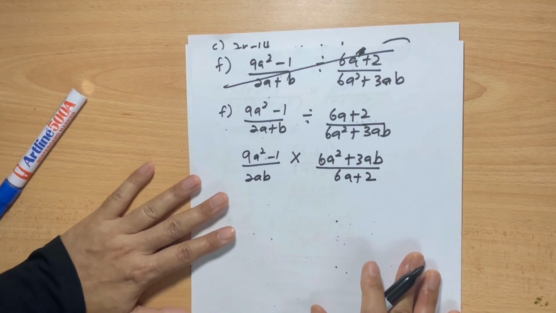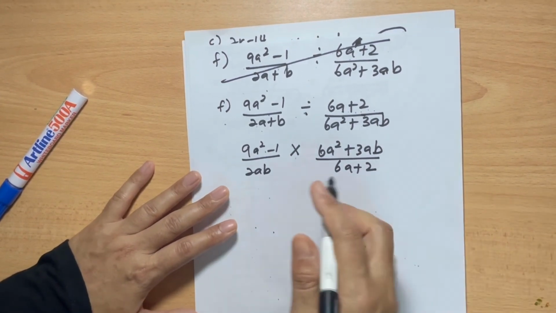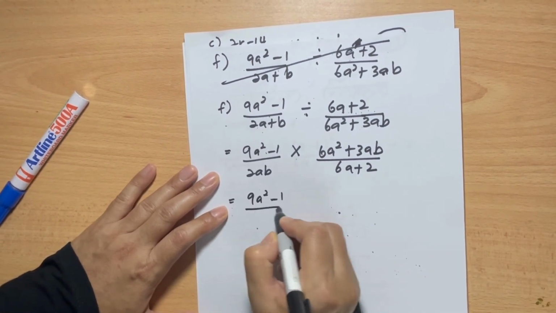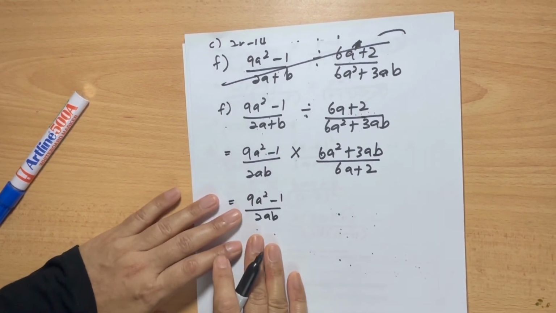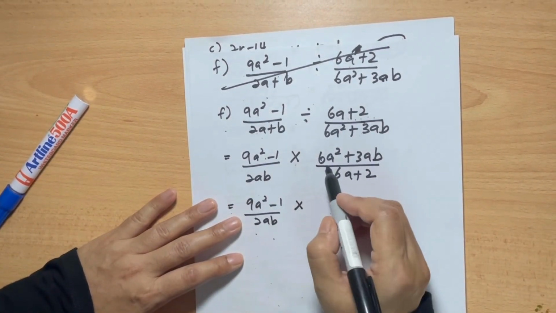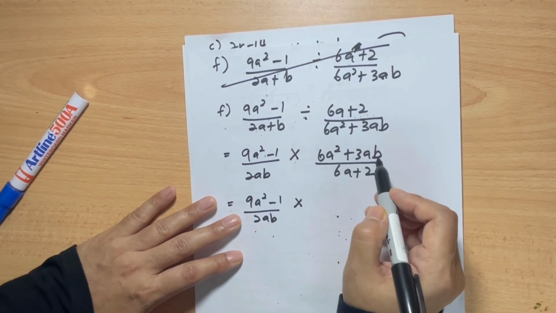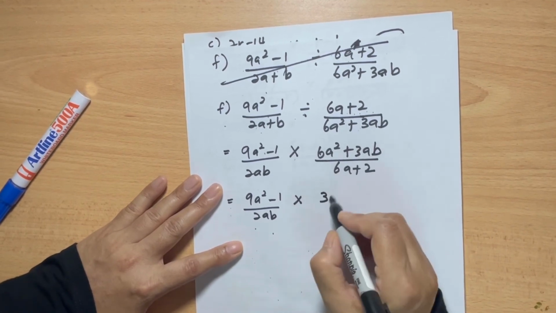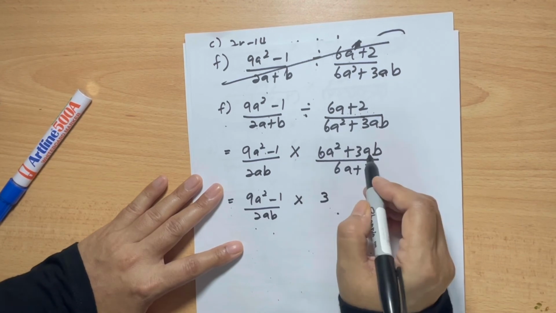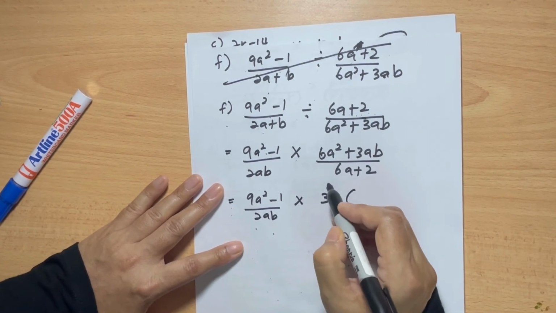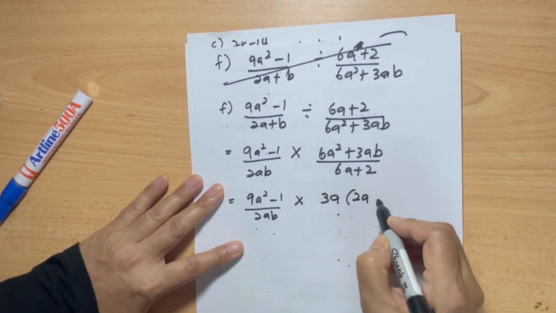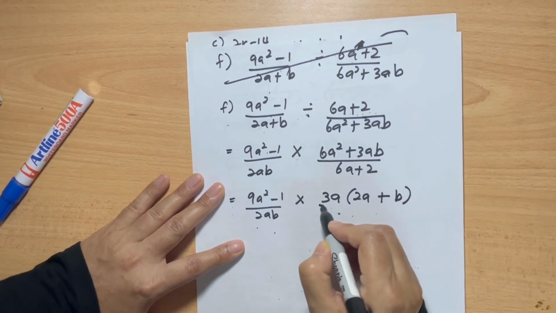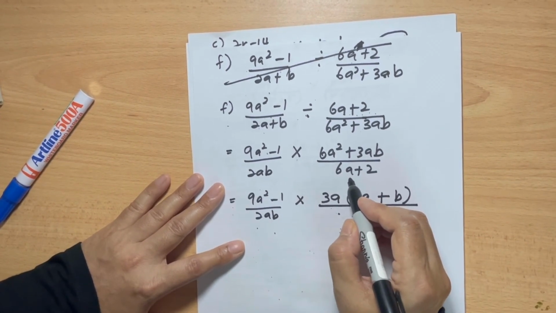Now we are going to do the factorization. So you put equal in front here. 9A square minus 1 over 2AB. This one we cannot factorize. Times 6A square plus 3AB, which we can factorize. You get 6 and 3, so you take out 3, and then we have A here. 3A, and then 3 times 2, 6, so 6A plus 3A times B. Then you factorize 6A plus 2.